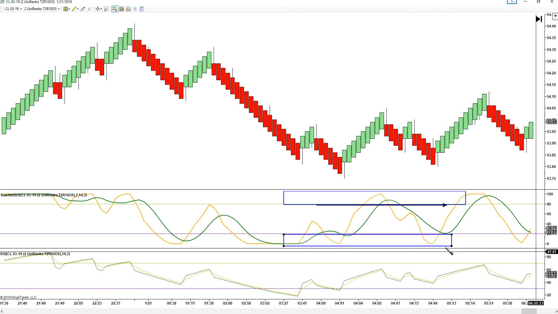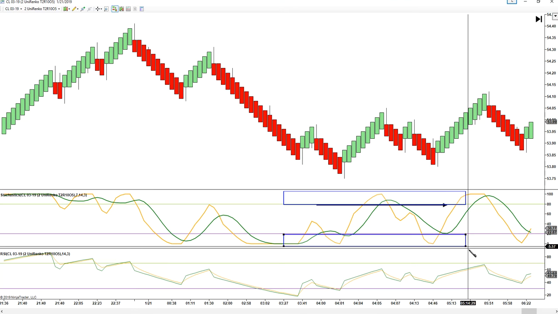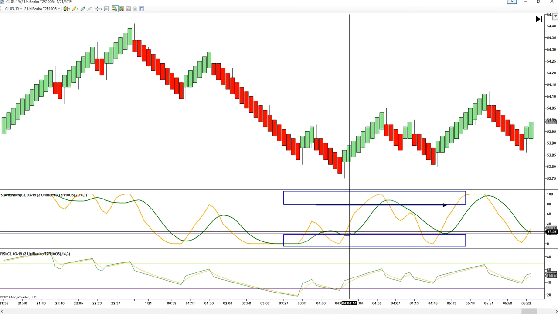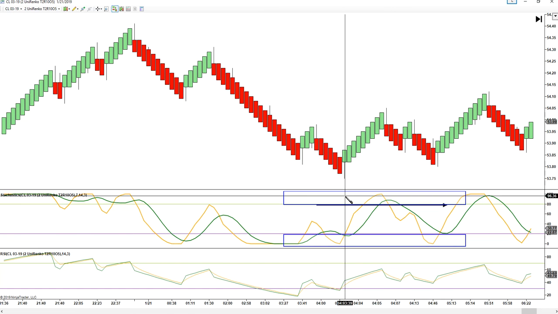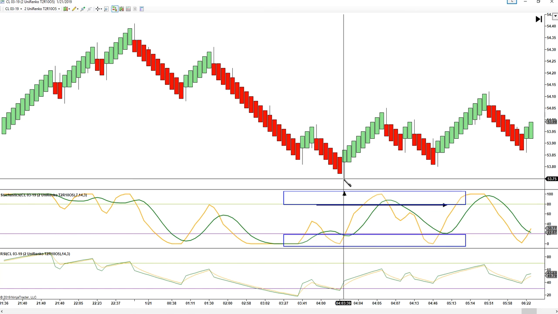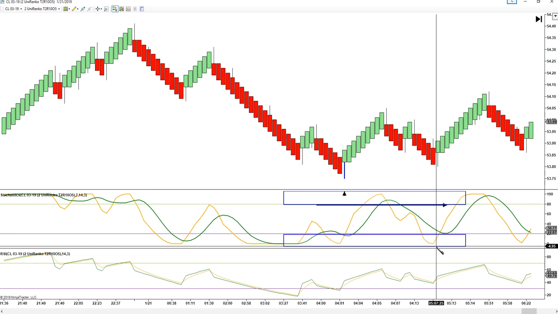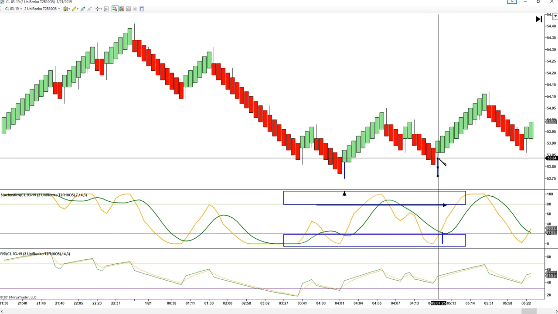Can't get it to come over. Here we go. And you're looking for that gold cross, which is the oscillator signal or the %K line of the signal line right here in that position. Right here, it does give you a nice trade. Long trade. Right here. Comes up. Gives you a nice trade.